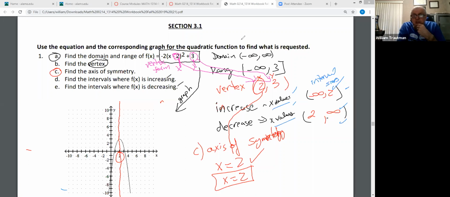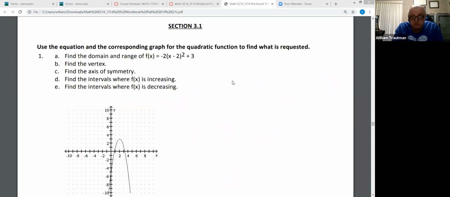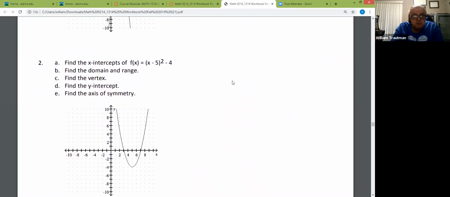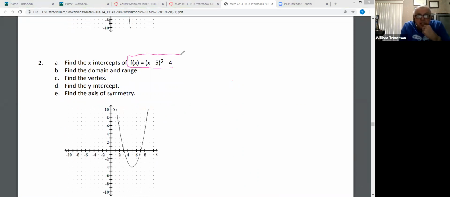All right, let's try another one. Here's the equation, and I want to do the vertex first. I can look at the graph, but I can go to here. The vertex has an x part and a y part. The x part is always going to be whatever's inside next to the x, but it's going to be the opposite sign.